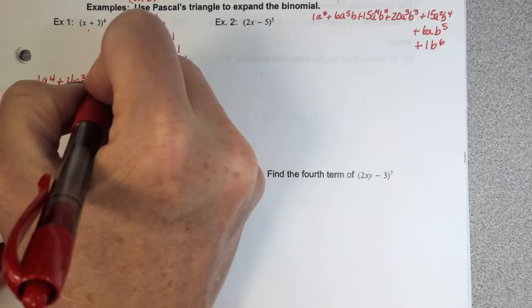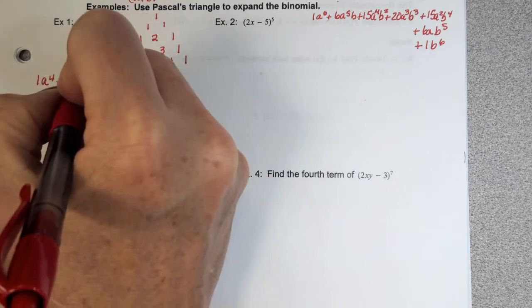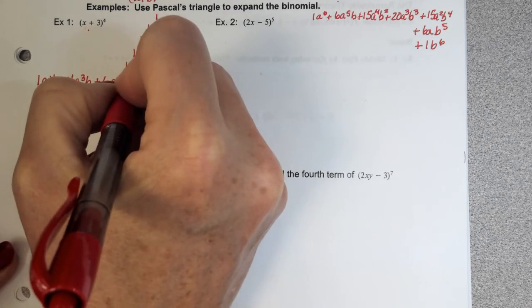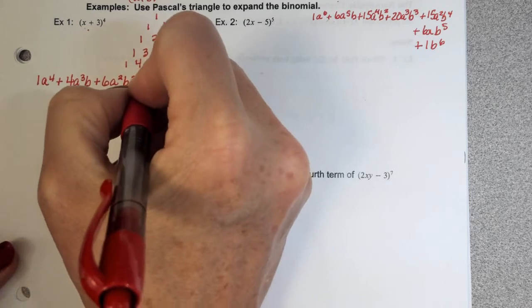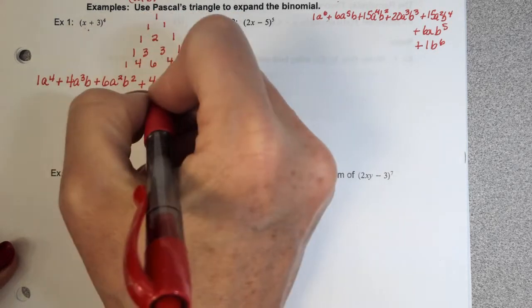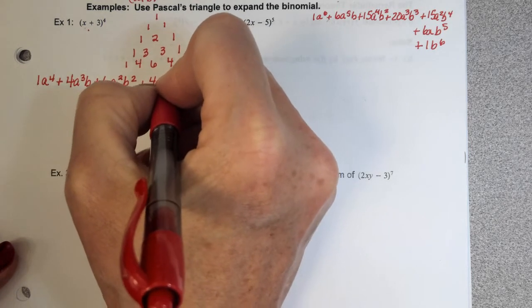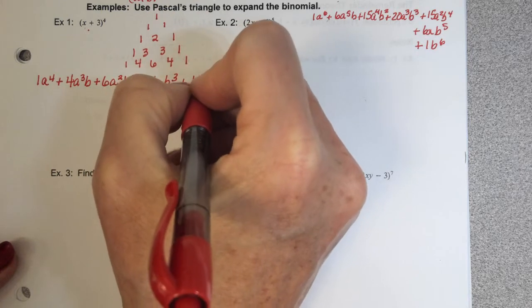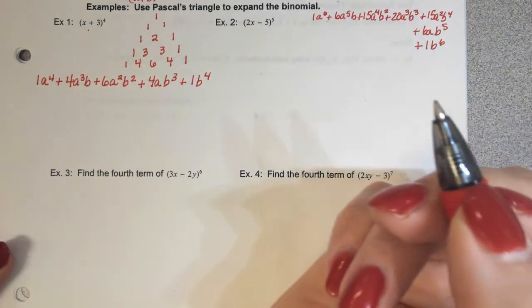The coefficient is 6. I take the a down by 1, and I bring the b up 1. I go to my next term, 4. I bring the a down by 1 and the b up by 1. And my last term is 1b to the 4th.